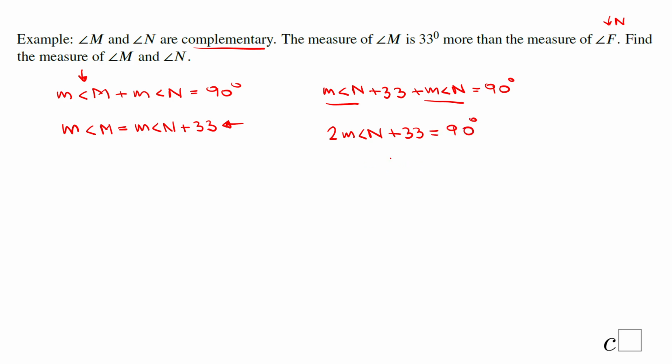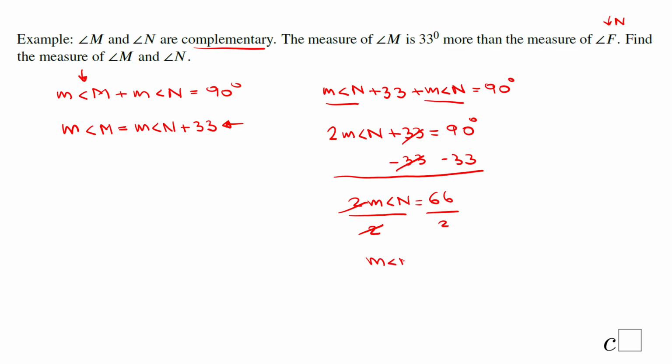I'm going to subtract 33 on both sides. And I have 2 times the measure of angle N equals 66 divided by 2. And we have the measure of angle N is 33 degrees.